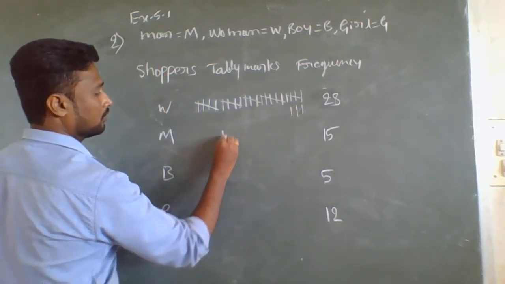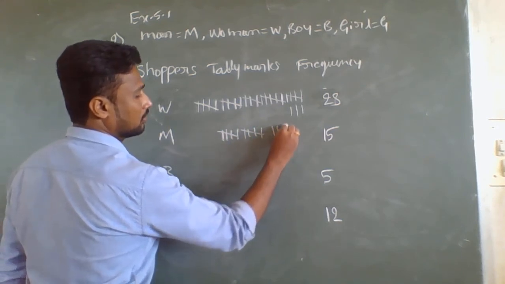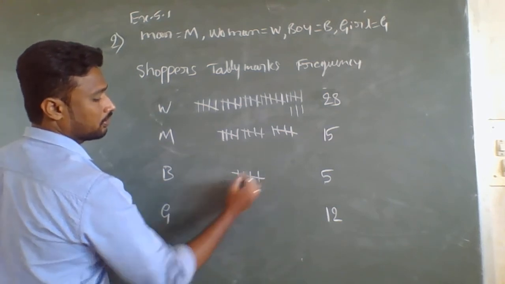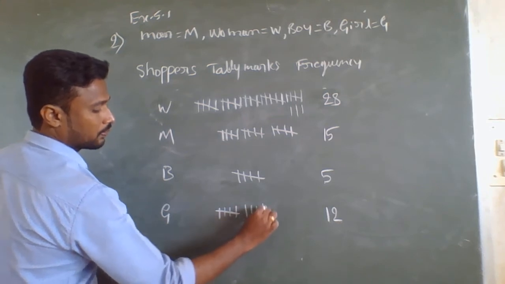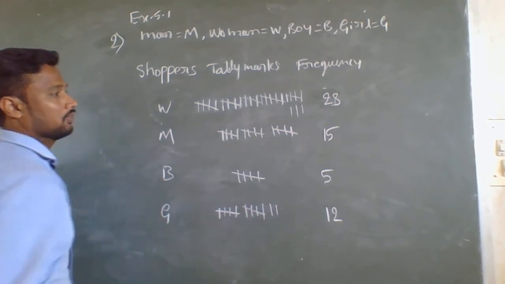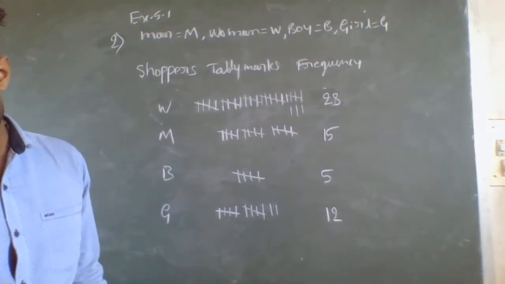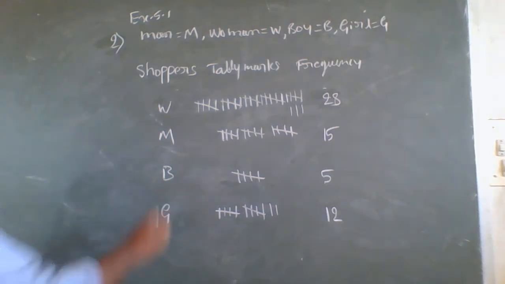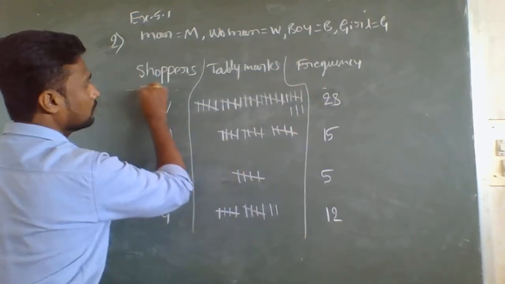After that 15: 5, 10, 15. Next 5: 1, 2, 3, 4, 5. Next 12: 5, 10, 12. So this is the frequency distribution table for the information they have given.